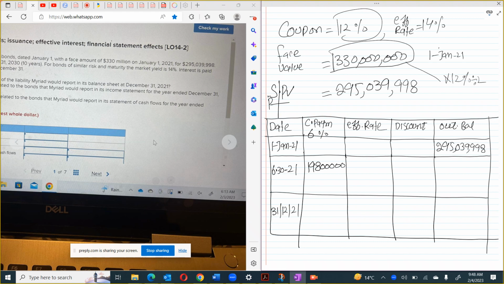Now please calculate the effective interest rate. This is 7% multiplied by the outstanding balance.